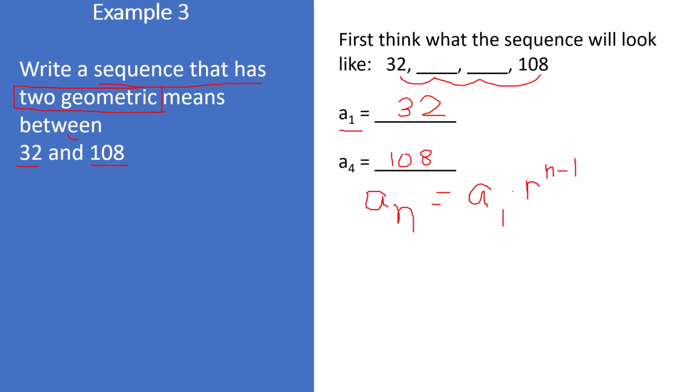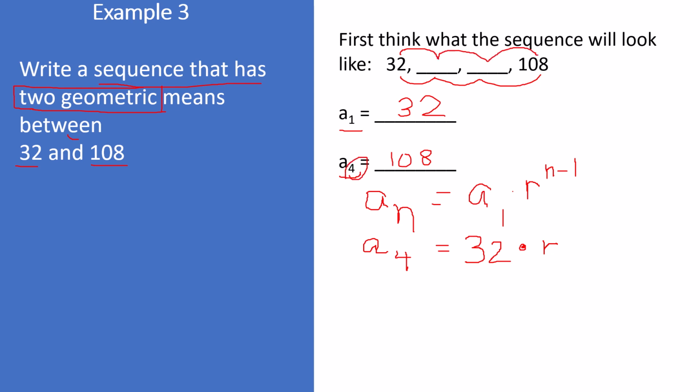Now we know the 4th term, so we can write this as A sub 4, or in other words, the last term of that sequence. And we know the first term, 32. We don't know what r is. We're trying to find that. We do know what n is. n is the number of terms we have: 1, 2, 3, 4.